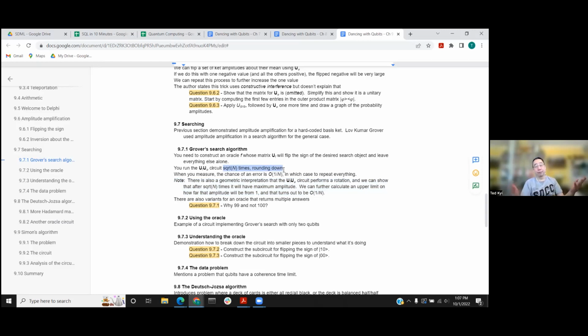I don't know if that helps, but somehow we have to think about this rotation as a result of constructive interference.